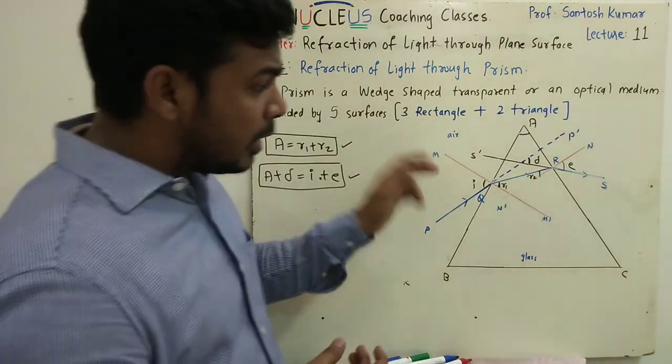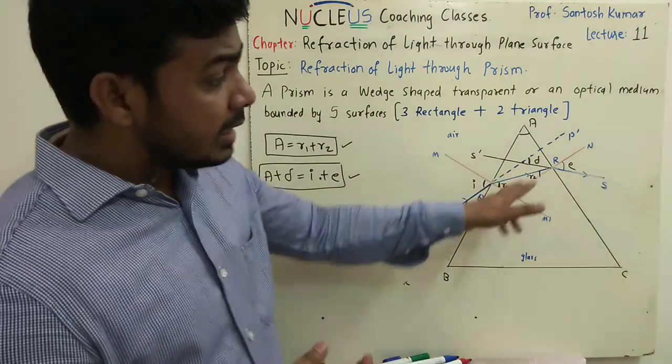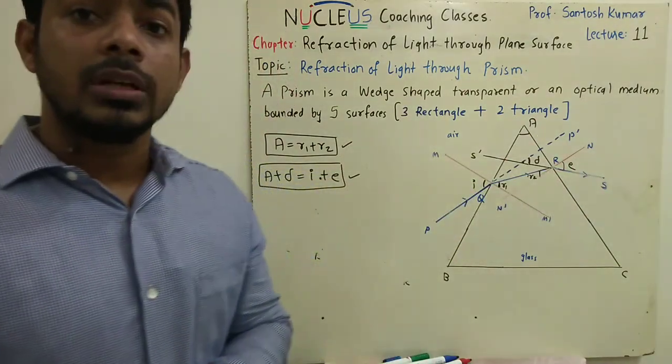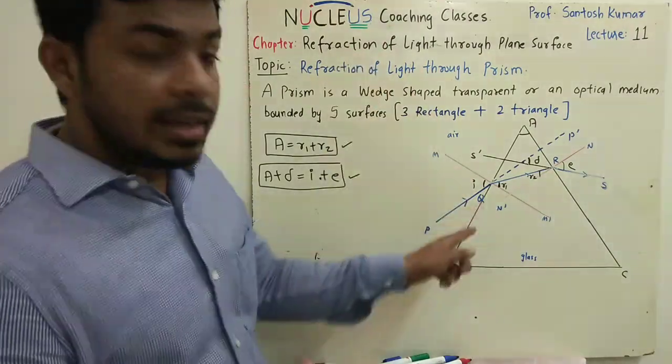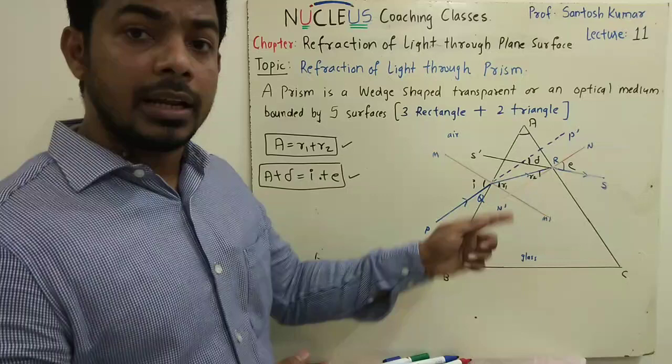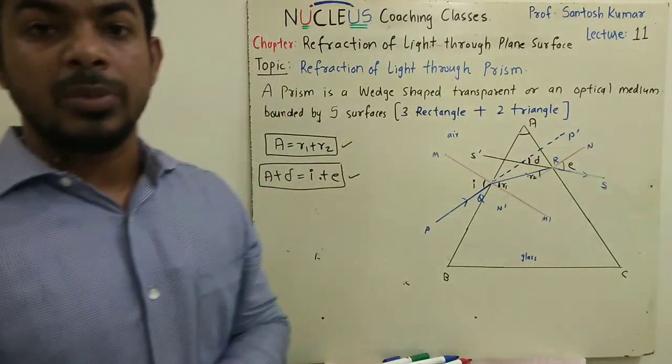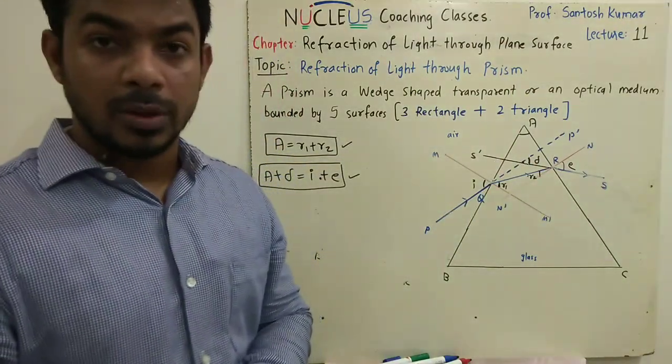If it is incident normal to one of the surfaces, it is not necessary that it is normal on the other surface. So even if it is passing normally through one surface, the deviation or the bending of the ray will be towards the base of the prism, that is towards the thicker part of the prism.